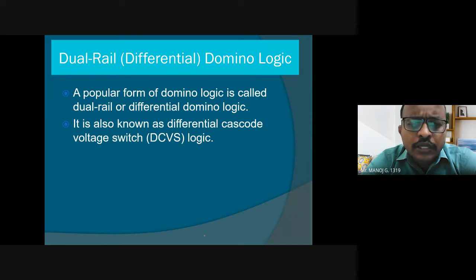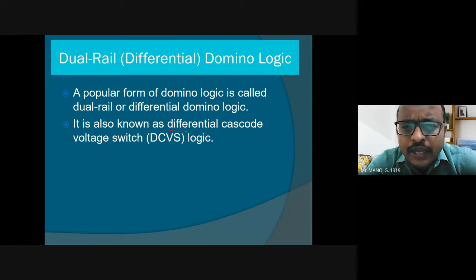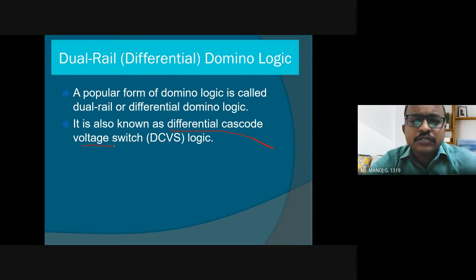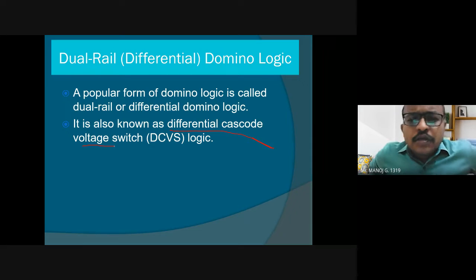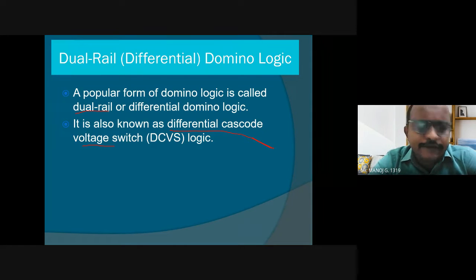What they do there is introduce a differential cascode voltage switching circuit, called DCVS, or in other words, dual rails. This dual rail phenomenon makes the domino logic overcome the charge sharing difficulty.